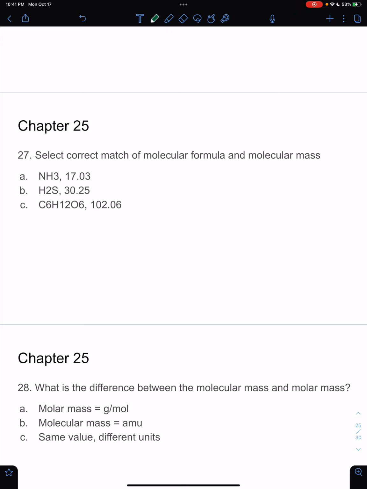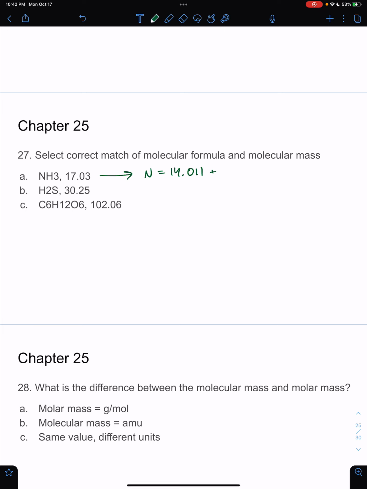We're just adding up the molecular masses of each atom in the molecule. So this one, nitrogen has a molecular mass of 14.011, I think, or something like that.